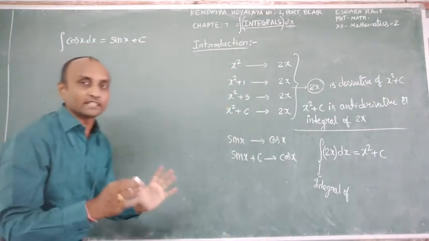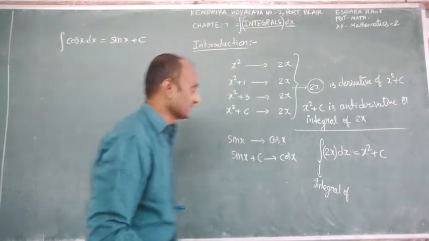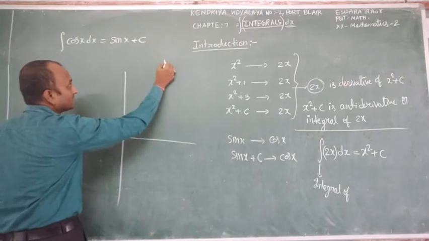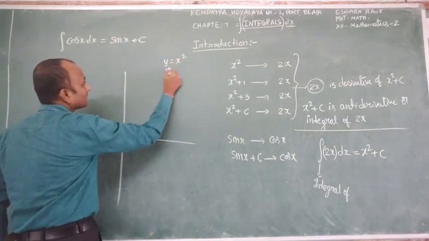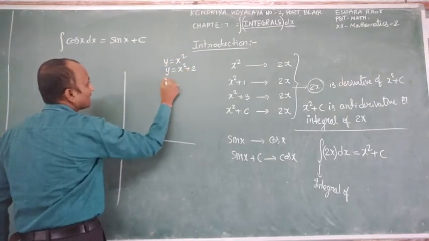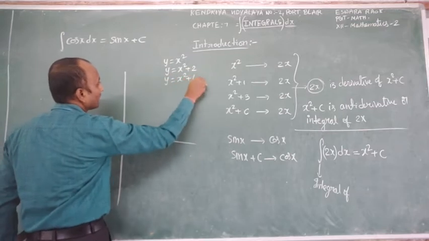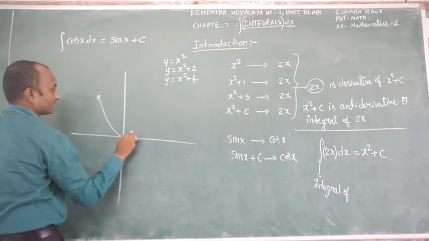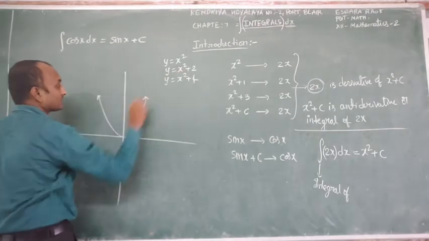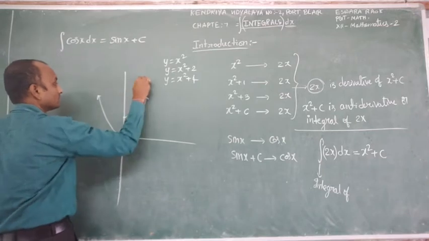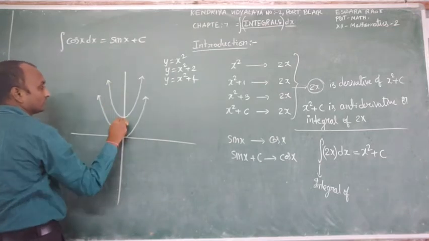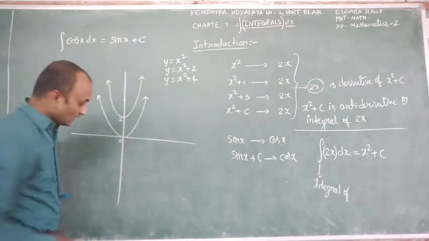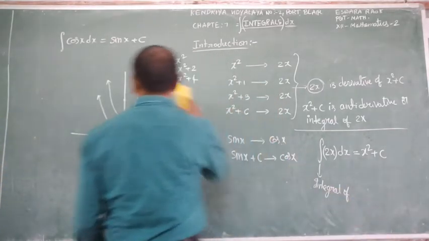Now, in a very simple way, I will explain graphically why this concept has come like this. Try to understand. I draw y equal to x square, y equal to x square plus 2, and y equal to x square plus 4. All these three graphs. This is the y equal to x square graph, this is y equal to x square plus 2, and this is y equal to x square plus 4.